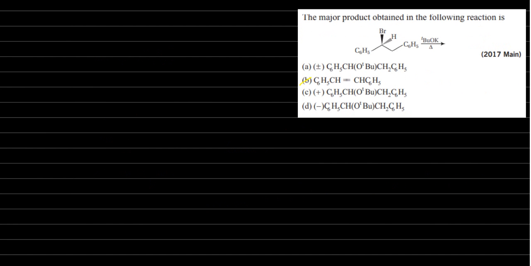Next, the major product obtained in the following reaction is... See, tertiary butoxide. Again, what is its functioning? From the adjacent carbon, hydrogen is removed. So tertiary butoxide is a strong base, right?